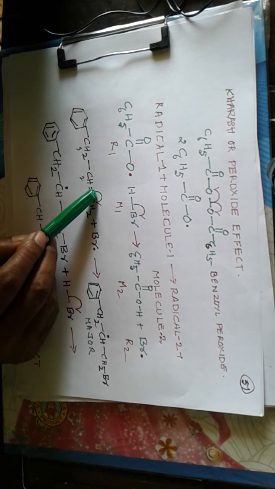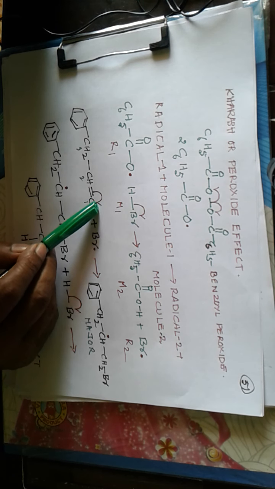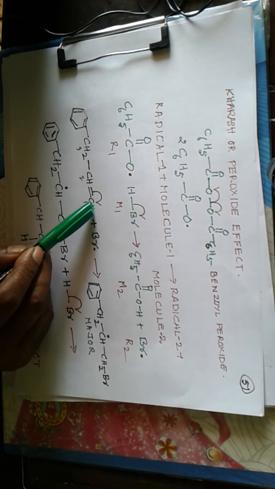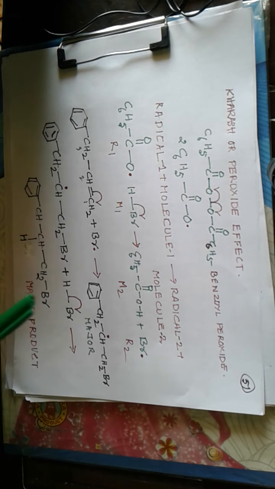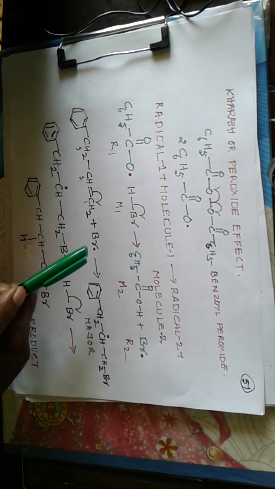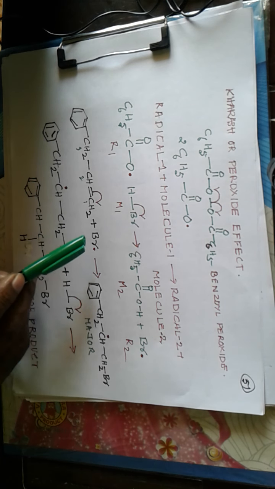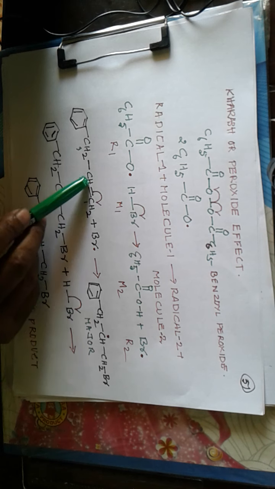So initially the homolytic cleavage occurs in this direction, so that a radical center is created here and a radical center is created here. Now the bromine radical can combine with this center or this center.